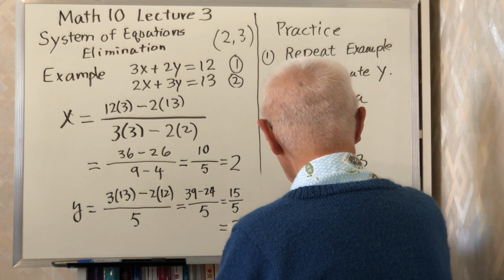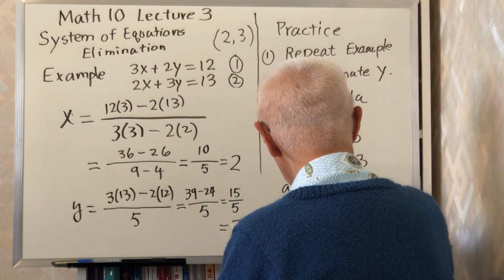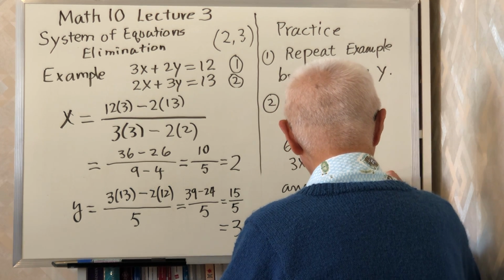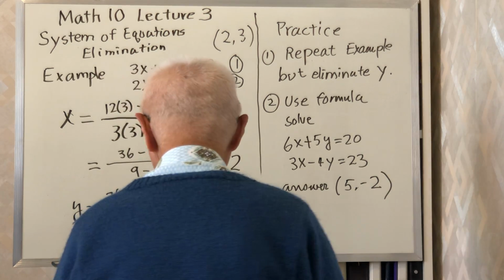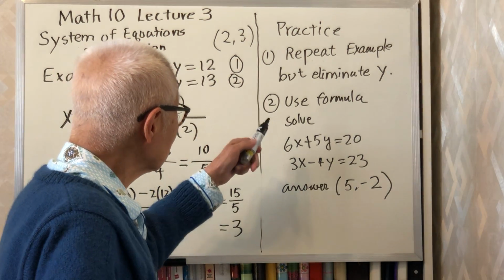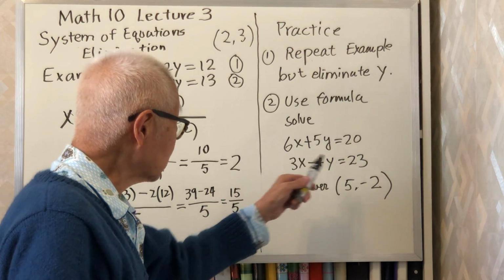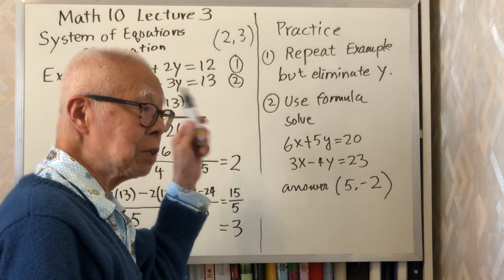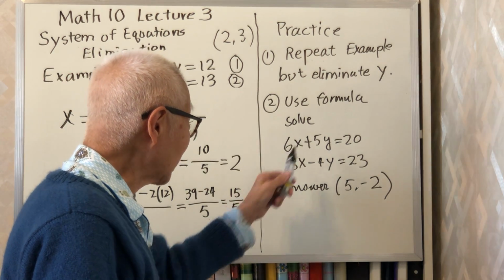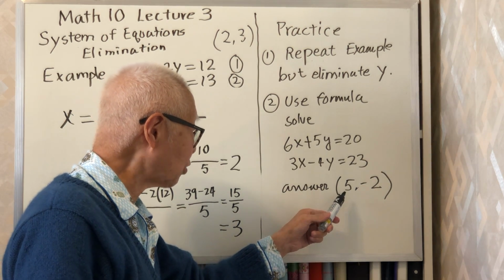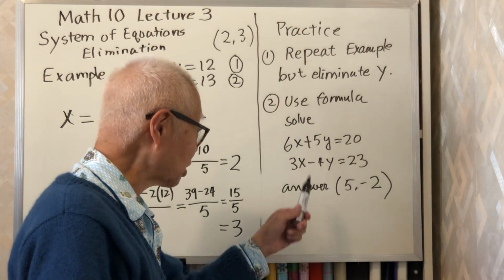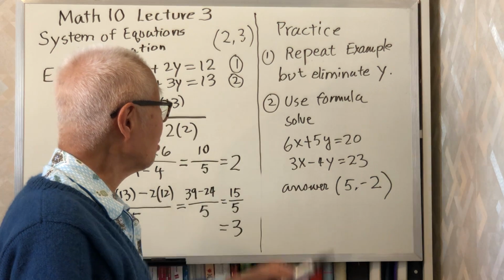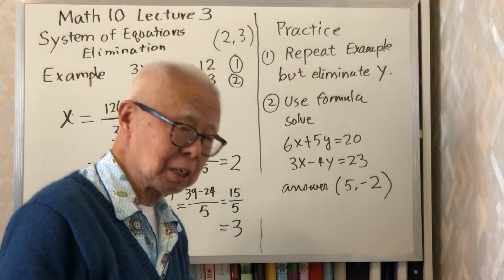Try this question, solve this system of equations, use the formula. Use A, B, C, D, E, F. Use the formula to find x and y. I give you the answer. The answer is 5 and -2. So you can check the answer. And this first one is just to repeat the example, but eliminate y instead of eliminate x.